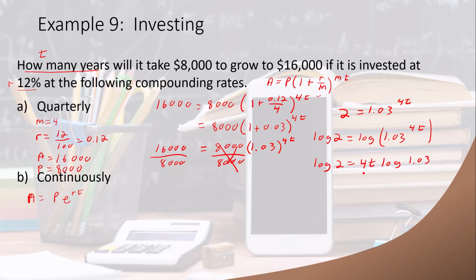We can now divide both sides of the equation by 4 times the common log of 1.03. If we do, these cancel, and we have that t is equal to the log of 2 divided by 4 times the log of 1.03.